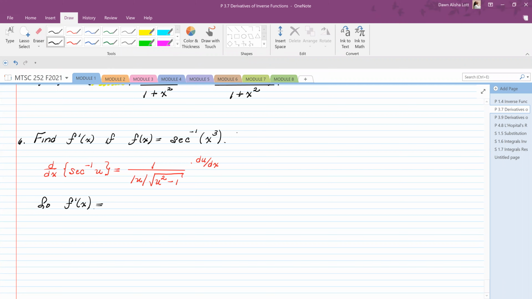Okay, so we're taking the derivative of the secant inverse, yes. So the only difference between these two pieces is that in this piece, u is x cubed.